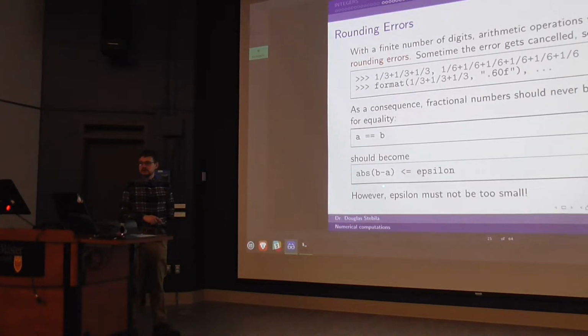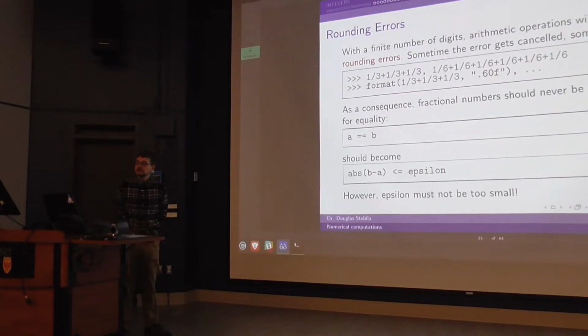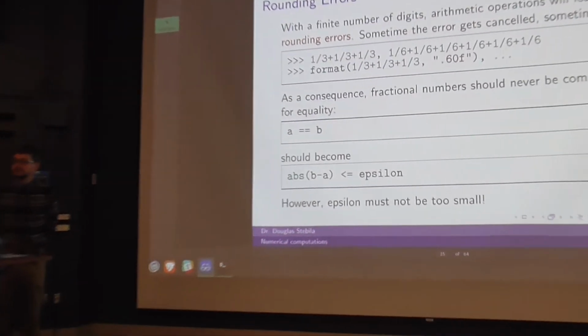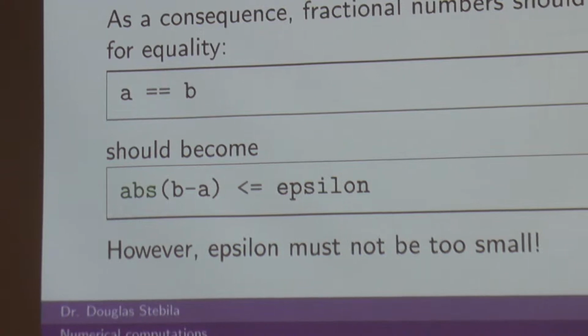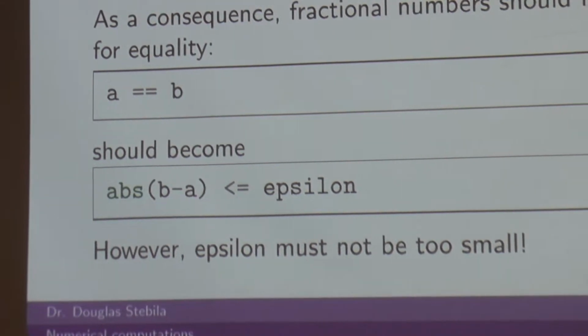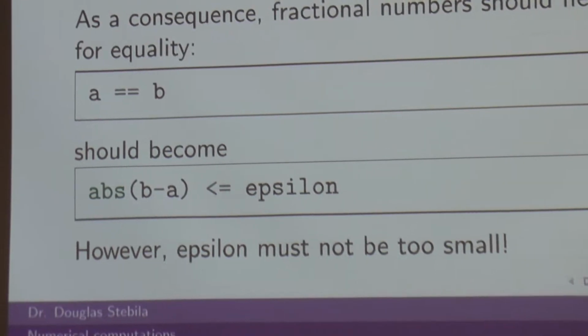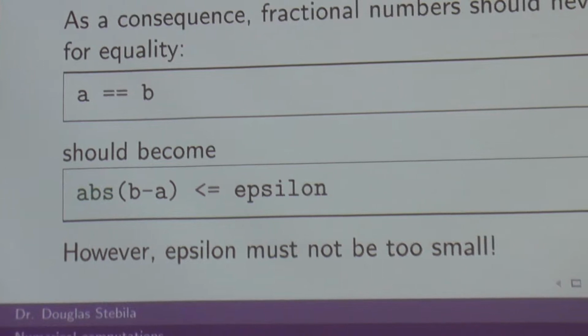An equivalent operation is to calculate the difference between the two numbers that you're trying to calculate the equality of, and checking to see if that difference is smaller than some small number. So in order to do that, you must take the absolute value of the difference, in case that ends up negative, right?